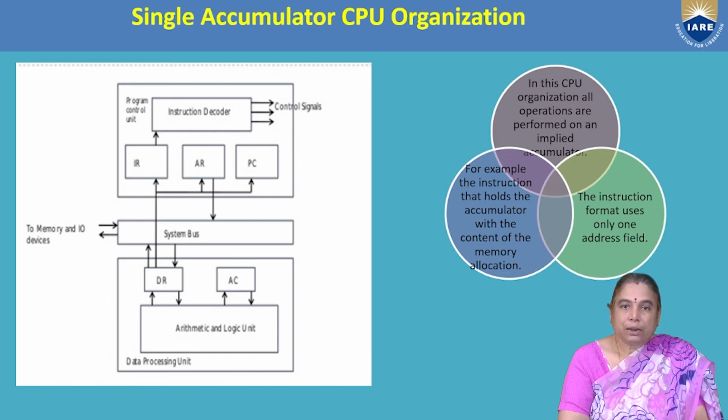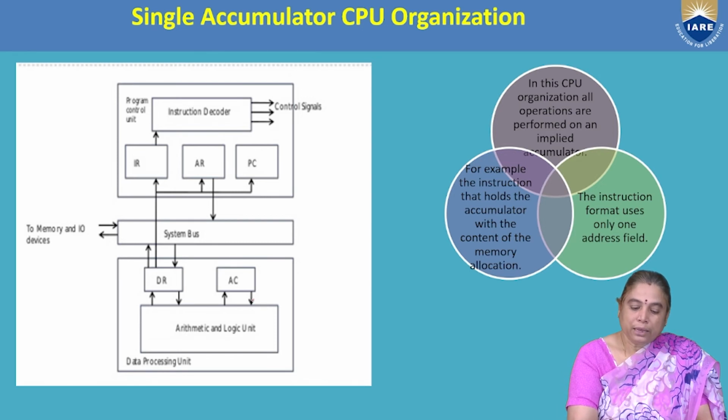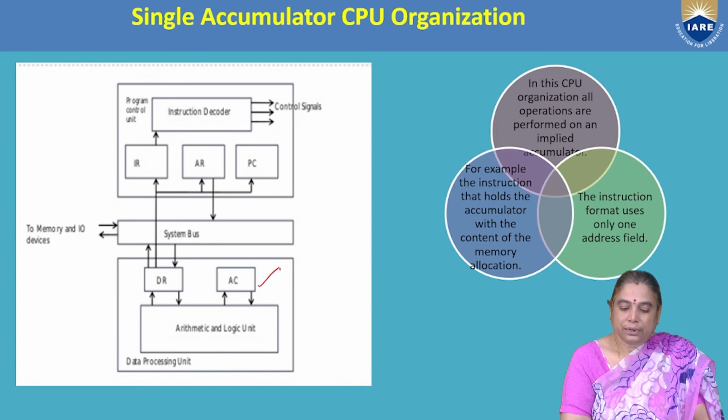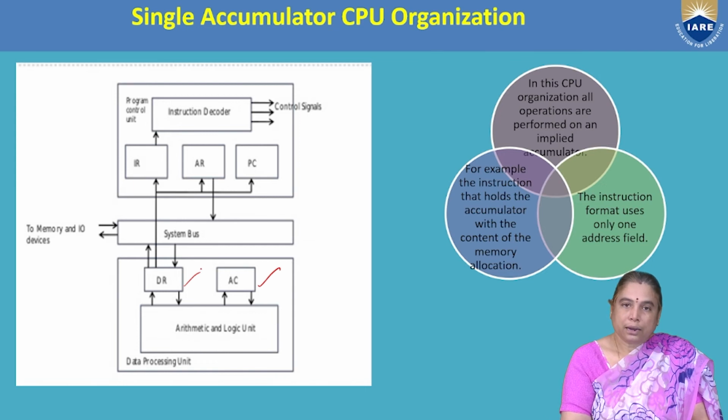In this, one of the operands has to be stored in the accumulator. The next operand can be supplied with the help of general purpose registers. If you observe, the accumulator is the register that is connected to the arithmetic and logical unit. One operand can be stored in the accumulator, and the data register can hold the other operand.